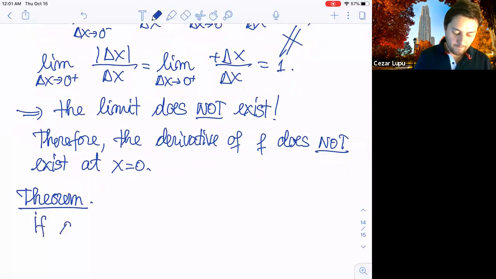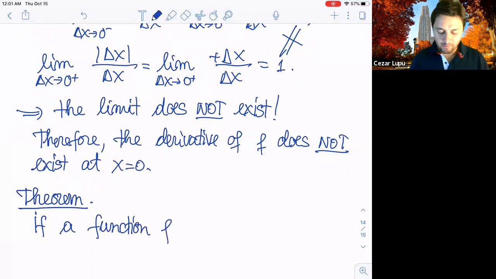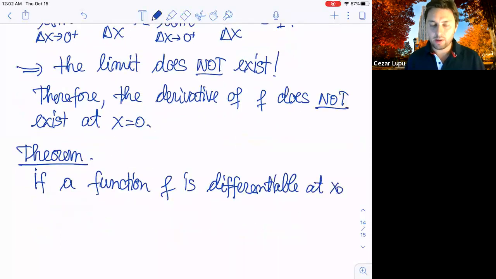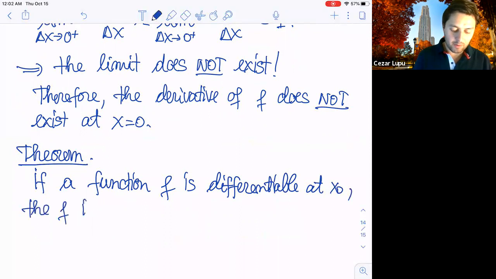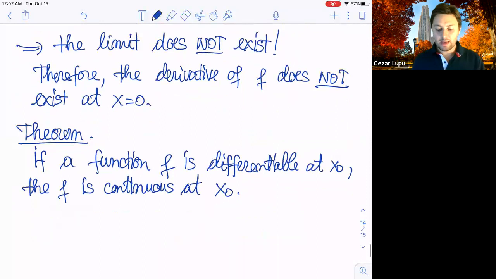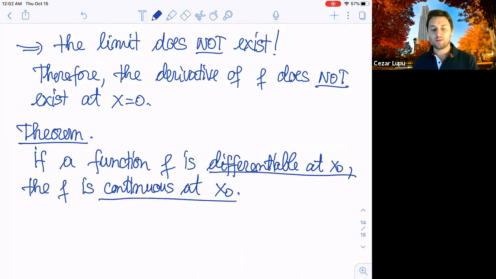If a function f is differentiable at, let's say, the point x0, then f is continuous at x0. So in other words, differentiability implies continuity, but not the other way around. So this is how they are related.